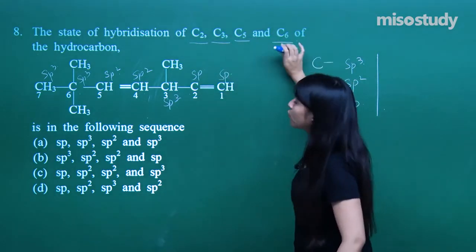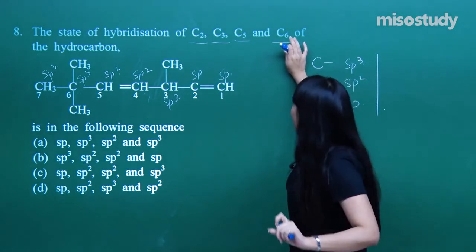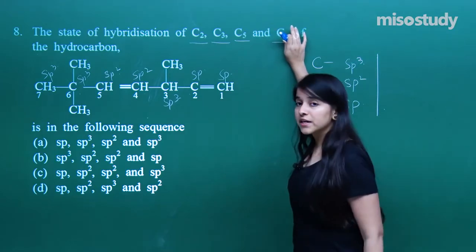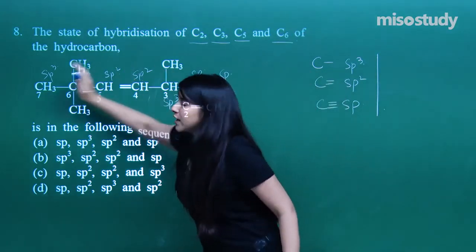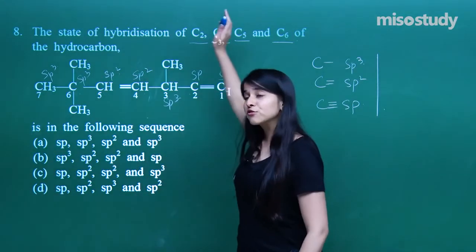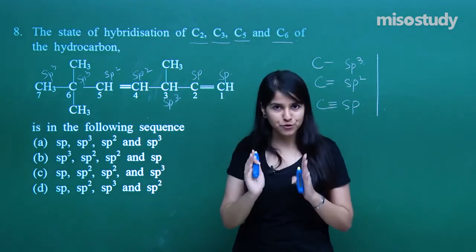That means only the 4 carbons, not all. So need not get confused over here. They have written only the 4 carbons in order to consume your time. First you will label all the carbons, then you will get to know that they have asked only for the 4 carbons. So always read the question properly.